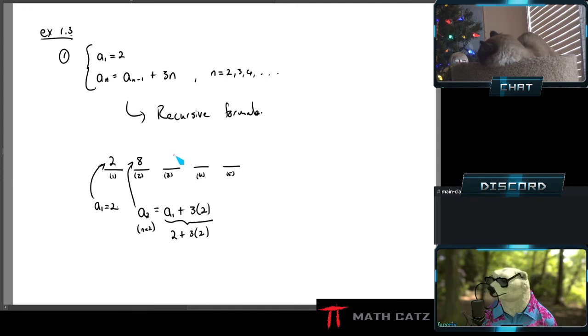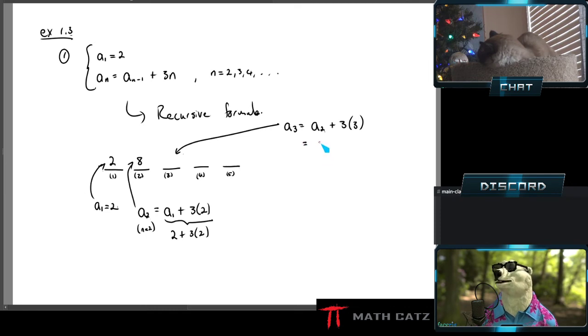Next one, let's loop it over here. Okay, so I am in position 3. I'm looking to find the term in that position. It's called A3. The formula says, in order for me to do that, I need to find A2 plus 3 times the position value of that current position, which is 3 as well.